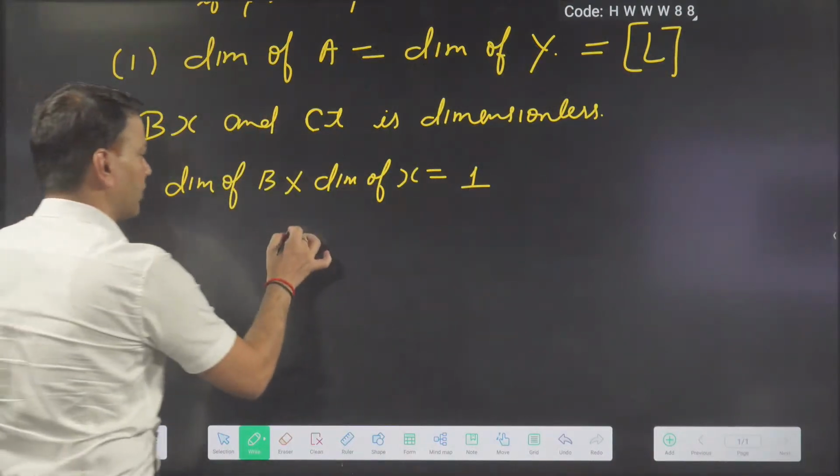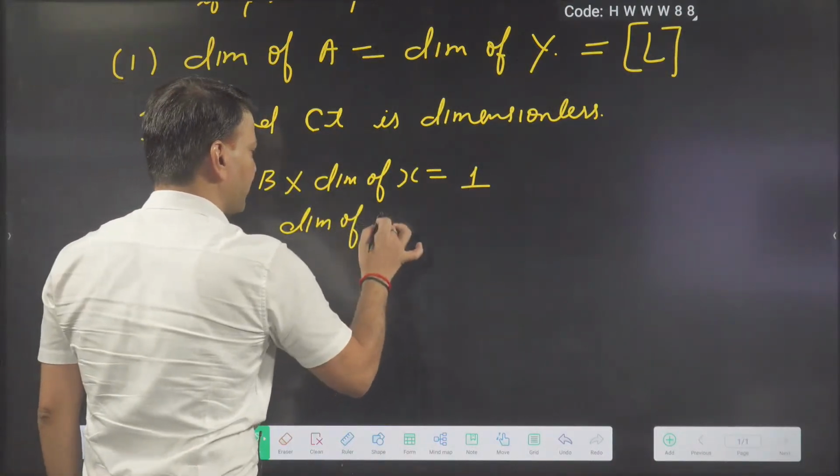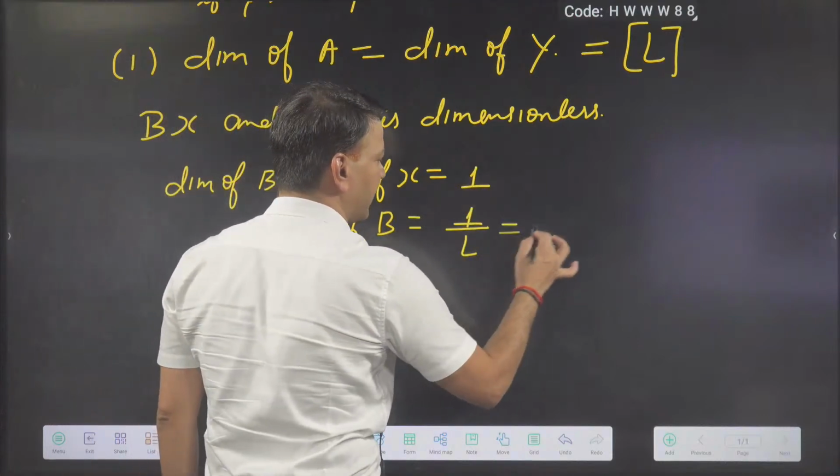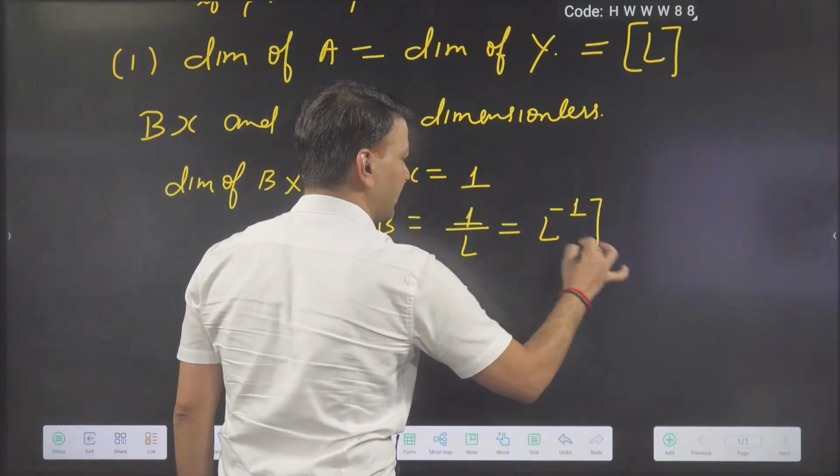Then we can say the dimension of B is 1 upon the dimension of x. 1 upon the dimension of x means 1 by L, and you can write that as L minus 1.